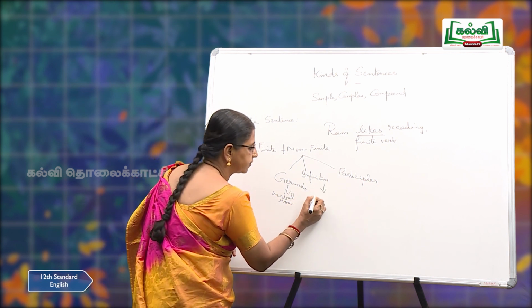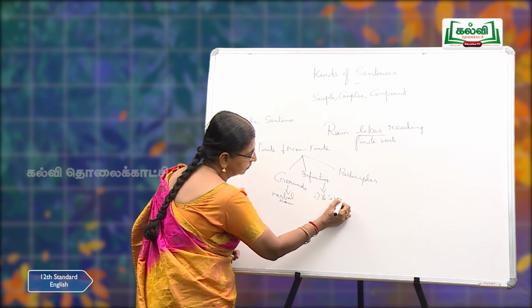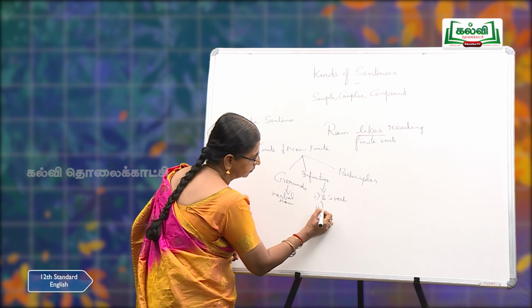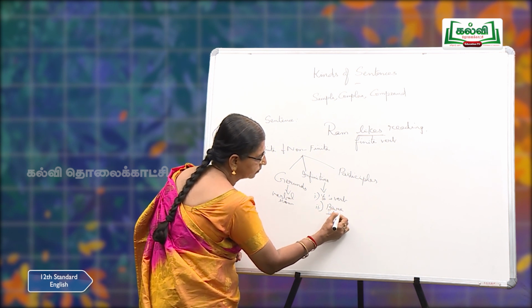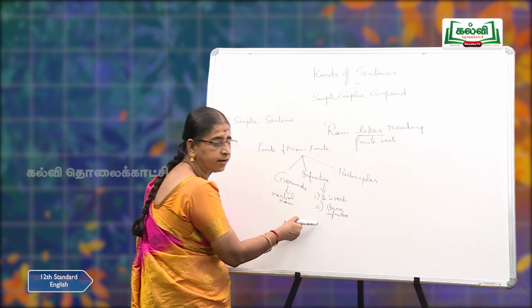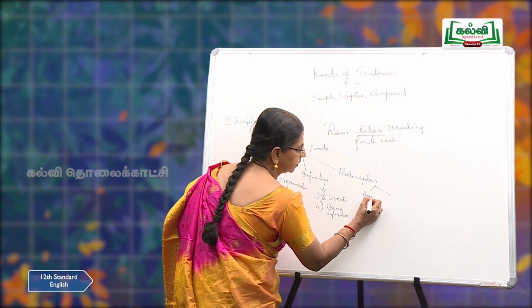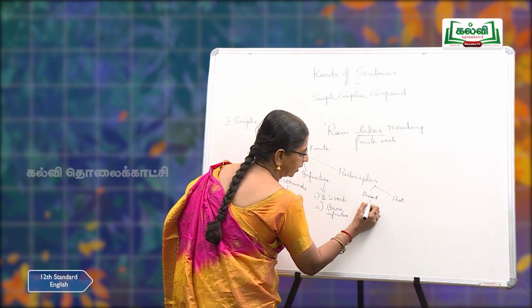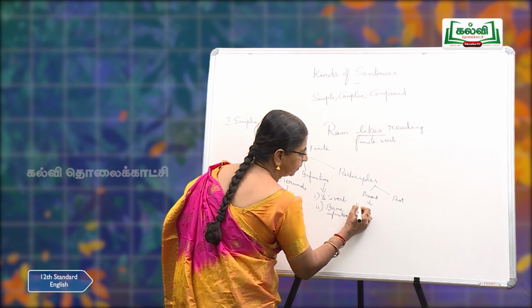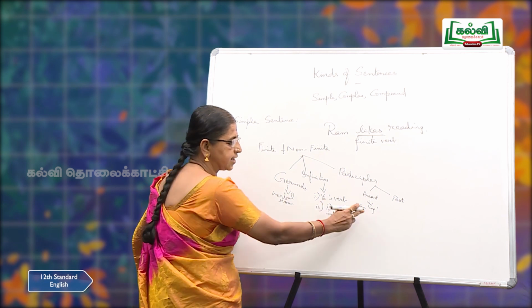Now infinitives, they are of 2 types. The to infinitive and the bare infinitive. Now participles, again you got present participle and past participle. So under present it is again verb plus ing, but what is the difference between this and this?